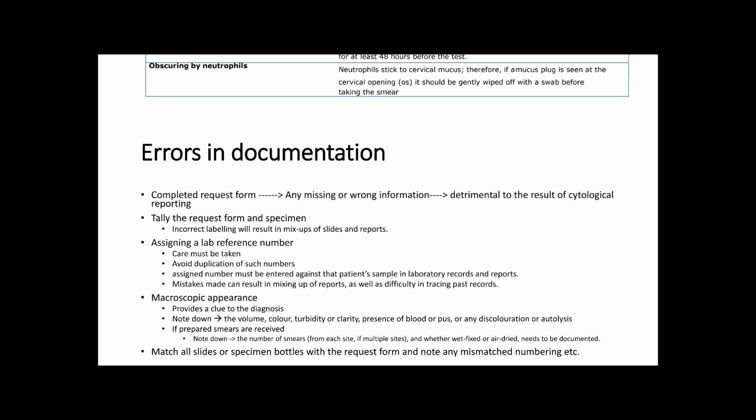The presence of endocervical or metaplastic squamous cells denotes satisfactory sampling of the cervical squamocolumnar junction, right? So next we will move into the documentation error.